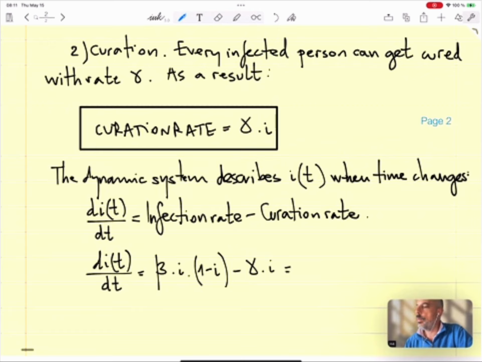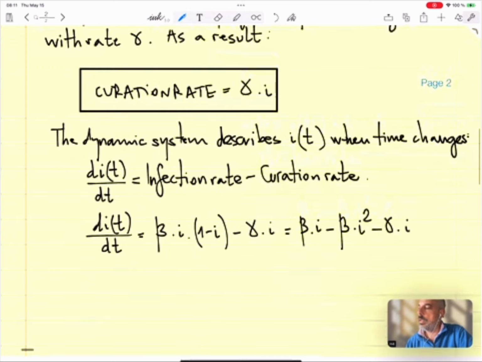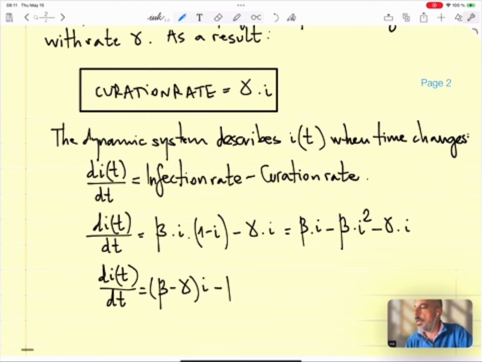As a result, we have beta times I minus beta times I squared minus gamma times I. So we can put that together, and now we have the equation beta minus gamma times I minus beta times I squared.